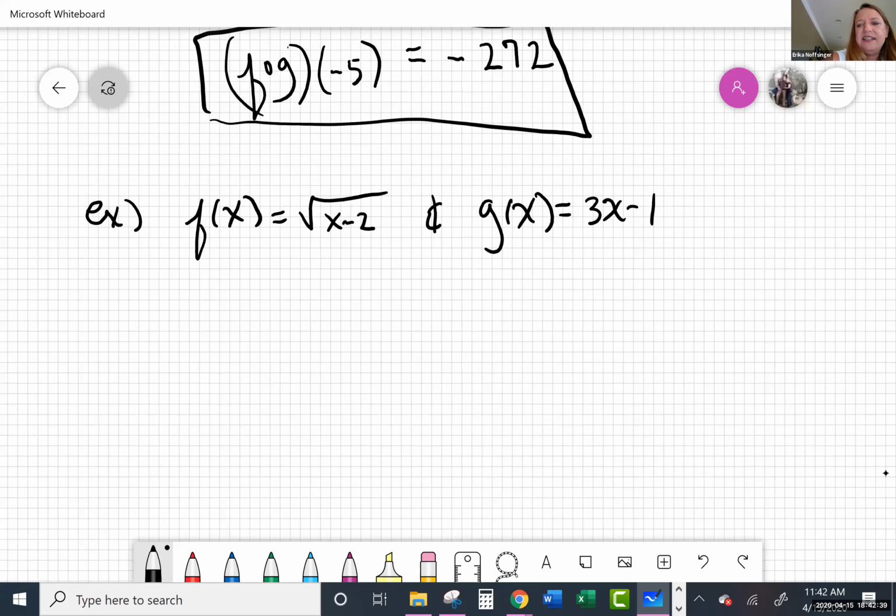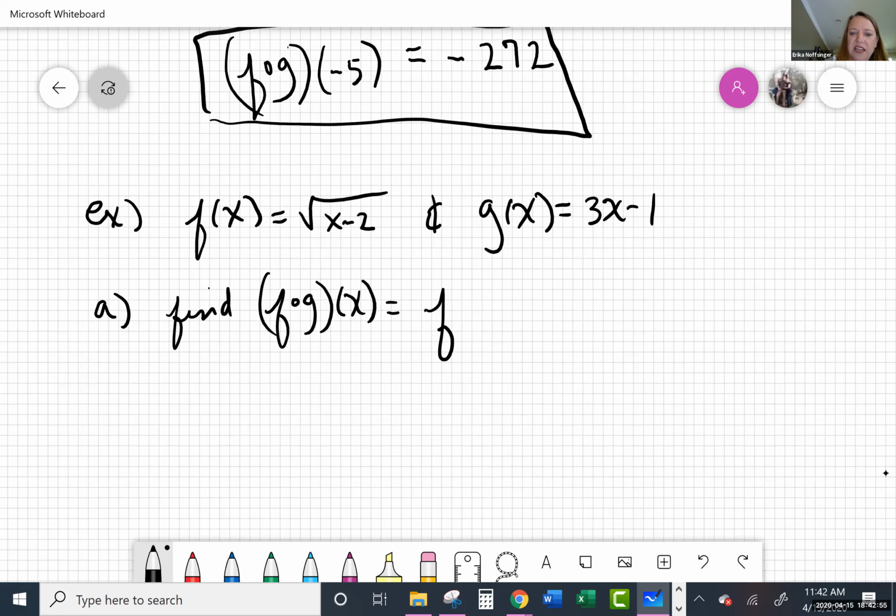So let's look at f of g of x and g of f of x. Order matters. This is telling me I'm taking my equation g of x and replacing it wherever I see an x in f of x.